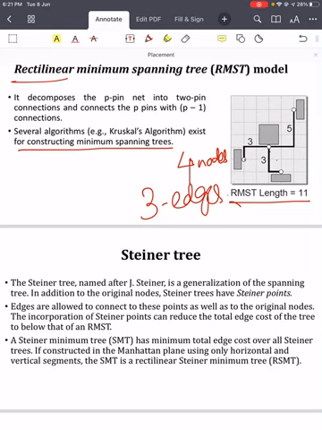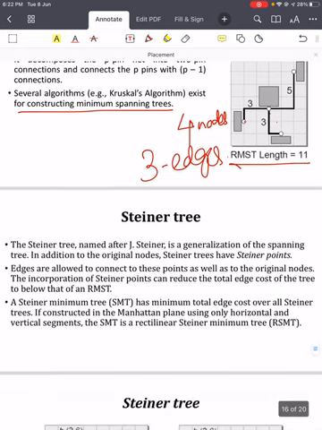Okay, so it is a generalization of the spanning tree, and in addition to the original nodes, the Steiner trees have Steiner points. Okay, so edges are allowed to connect to those points as well as to the original nodes, and the incorporation of the Steiner points can reduce the total edge cost of the tree to below that of RMST.